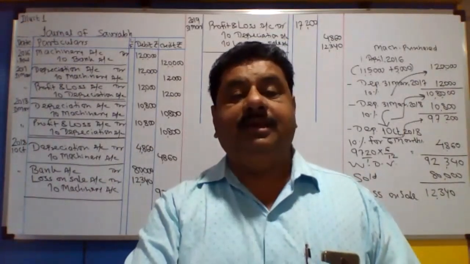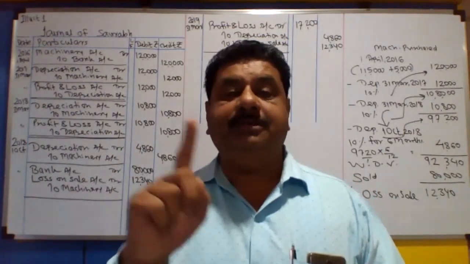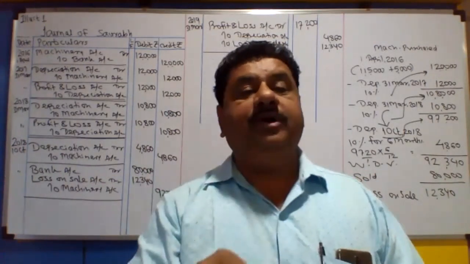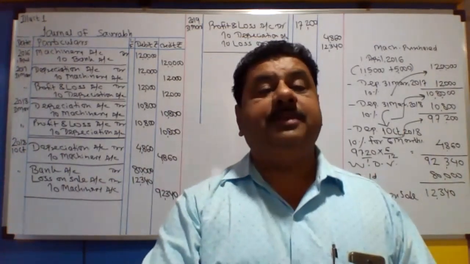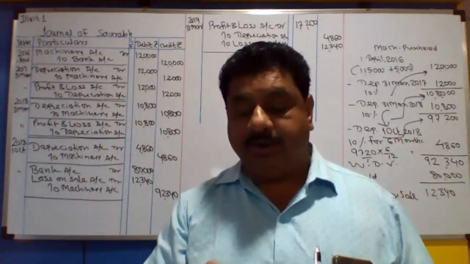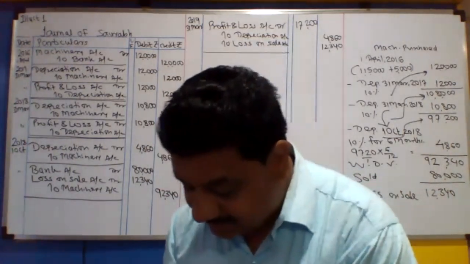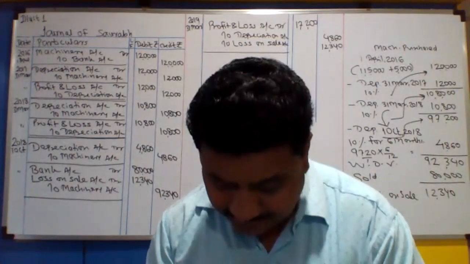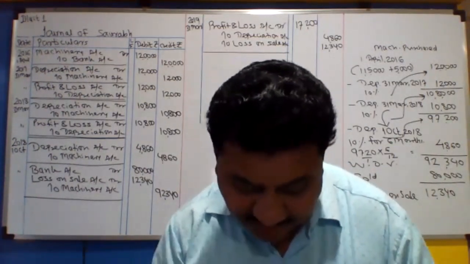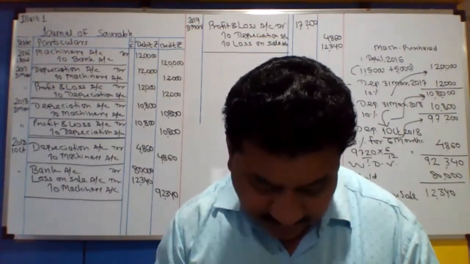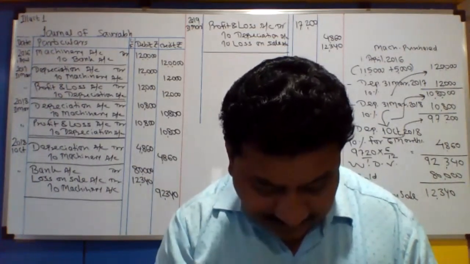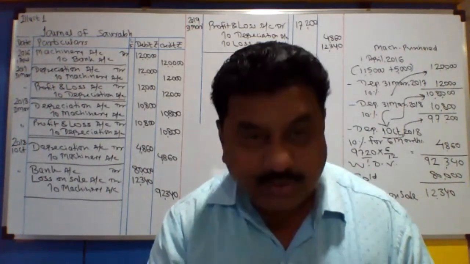ओके, आता नेक्स्ट पार्ट, एक्सरसाइज नंबर 1 that we are going to solve, for which we are going to prepare the printing machine account. चला एक्सरसाइज नंबर 1 ओपन करा. पेज नंबर 246.